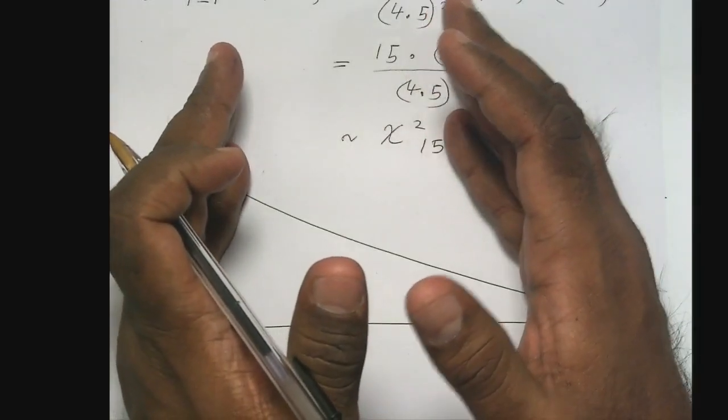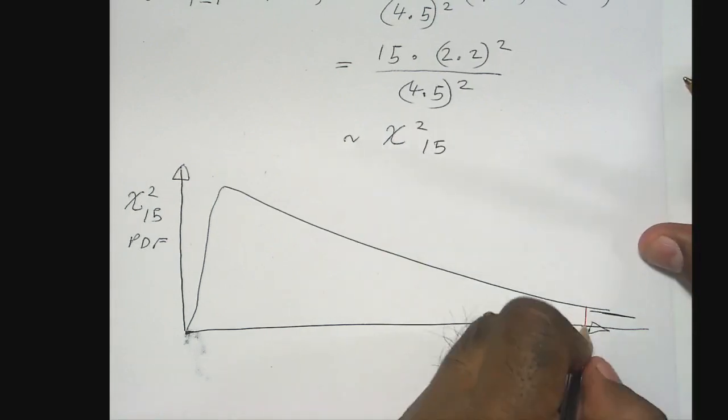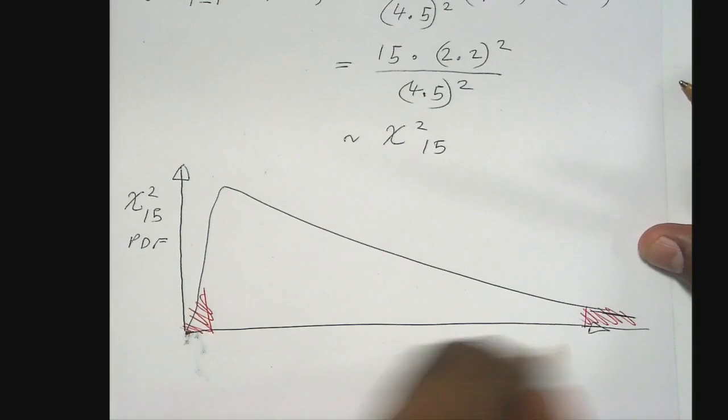If a number follows a certain distribution, it must fall in the bulk or the center of the distribution. When I say center, I mean take off the extreme part. This part is extreme left, and this is extreme right.